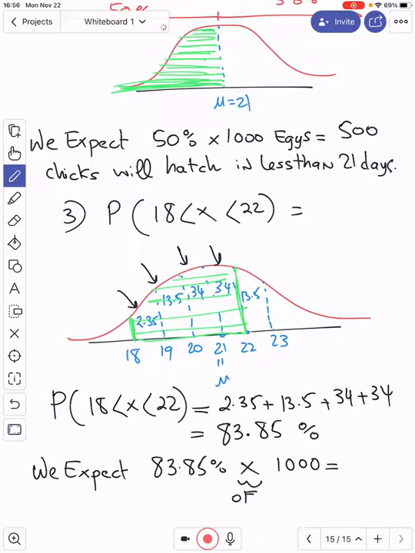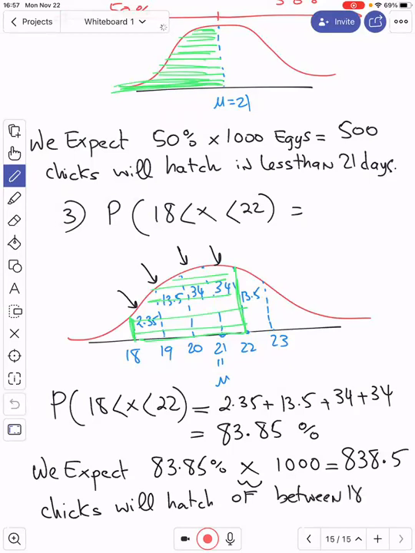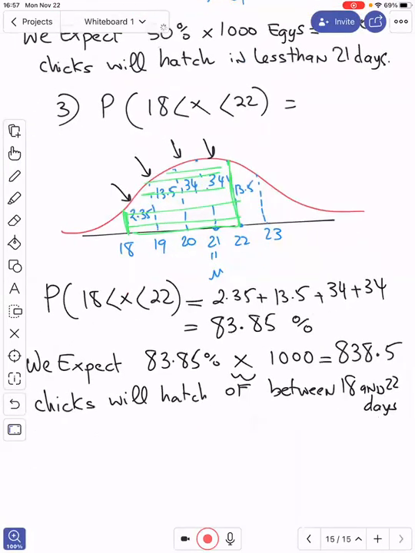So that will be equal to 838.5. So chicks would hatch between 18 and 22 days.